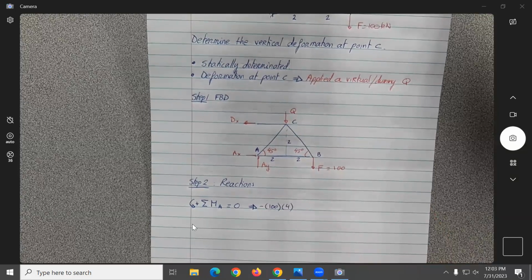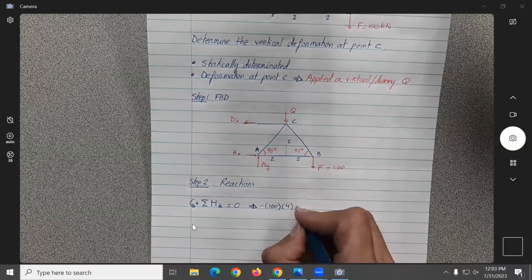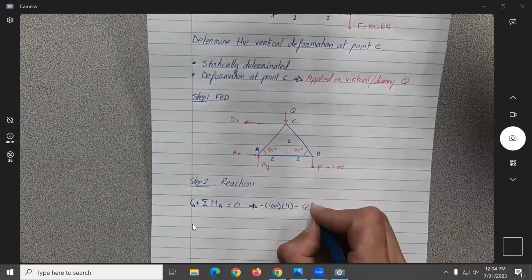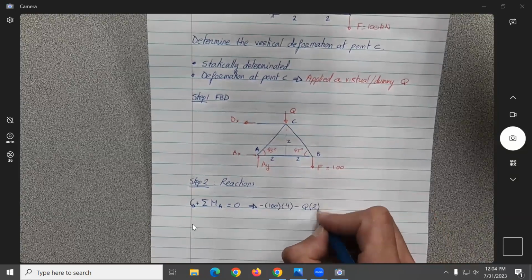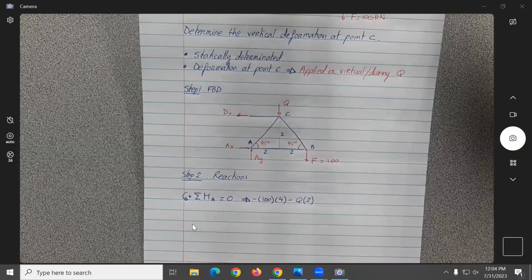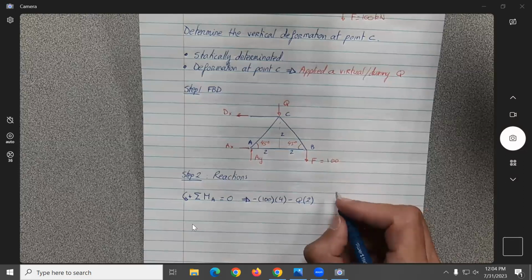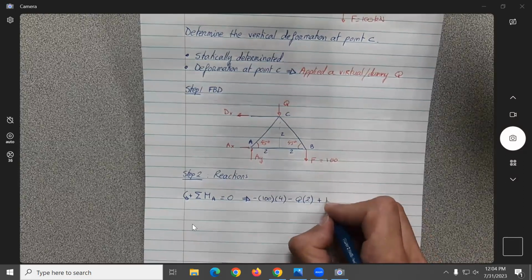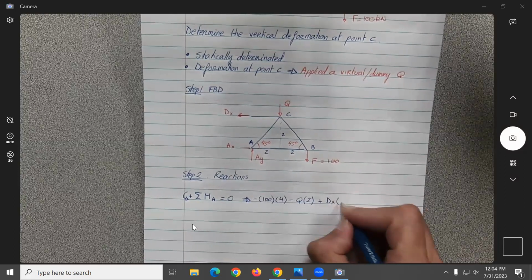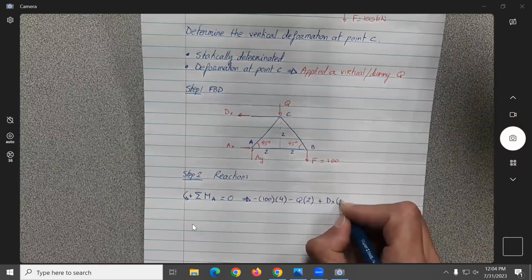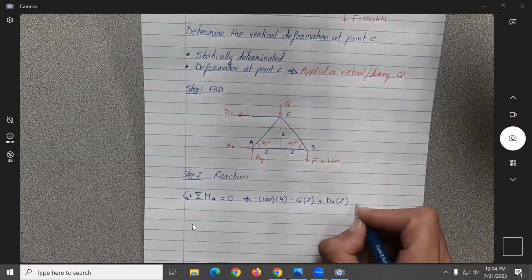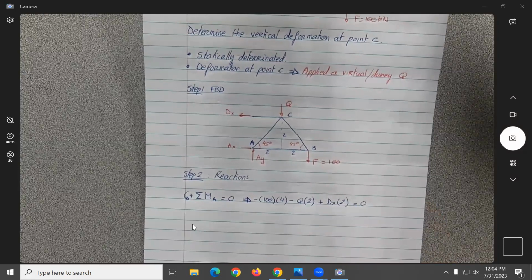Then what will be the moment created by Q? It will be negative as well, and the arm will be 2. And then what else will be producing a moment? D, and that one this time will be positive, plus DX times 2. And this must be equal to 0.